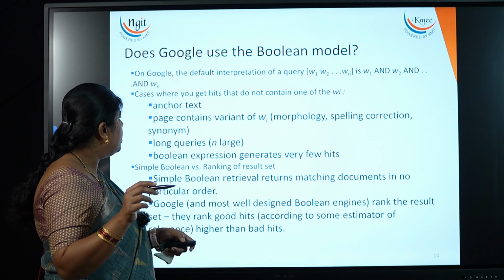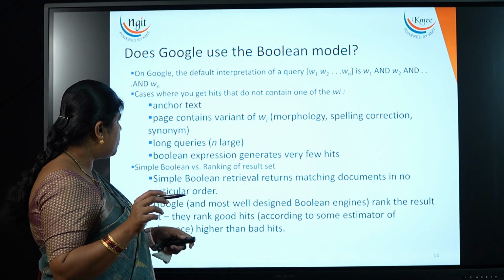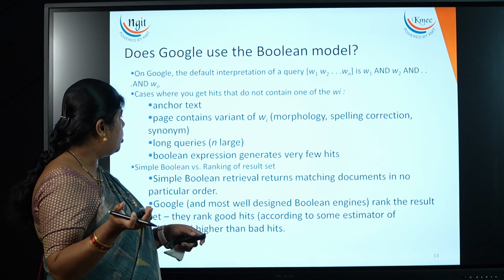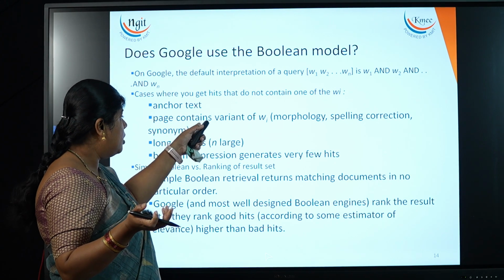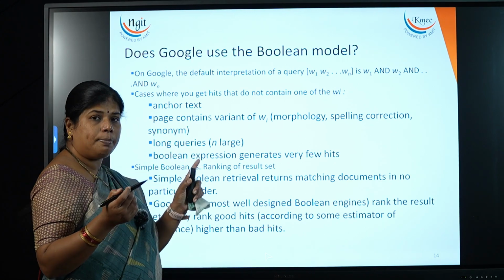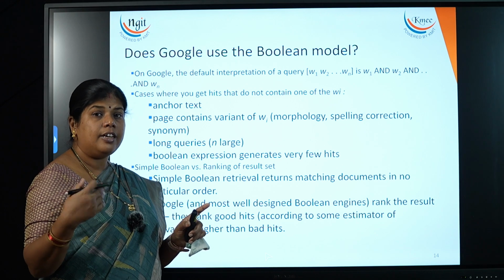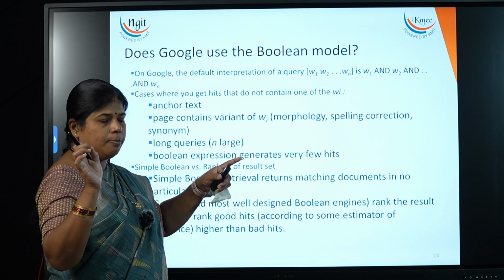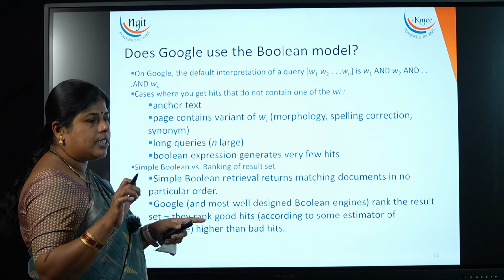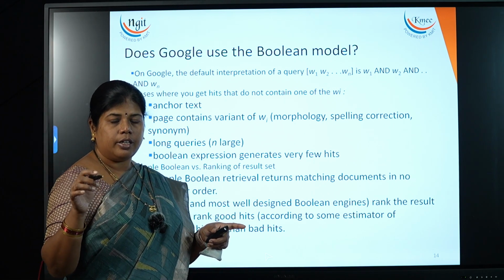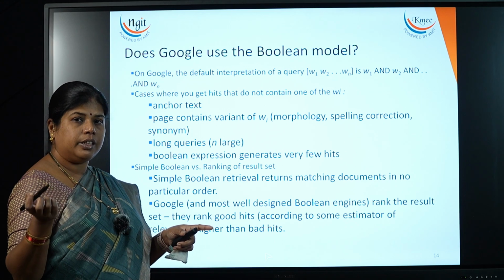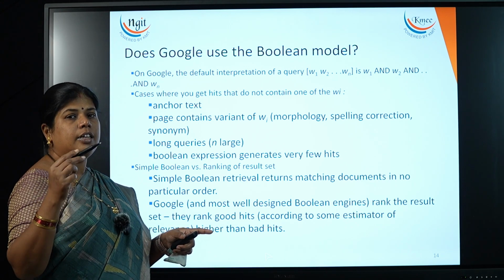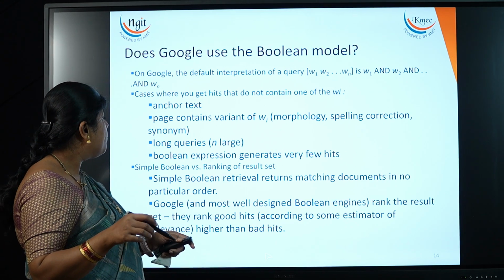First of all, it will retrieve the documents based on the anchor text. Then it will find the pages containing variants of the words, which means there will be a little bit of spelling correction. For example, run is a word, then I should retrieve even the documents containing running, ran, and so on.